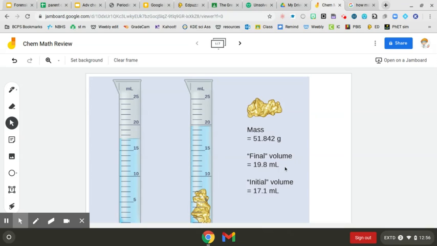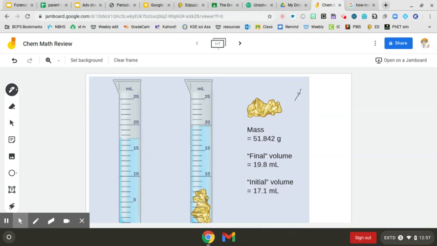So for this one, if I want to find out the volume of the rock, I'm going to take final minus initial. Now remember, when you're adding and subtracting for significant figures, you're going to line up the decimals.